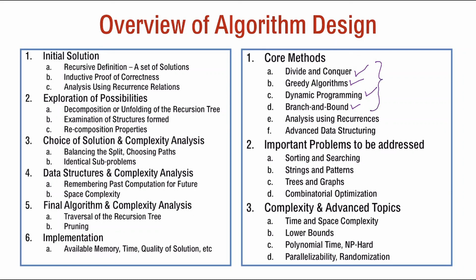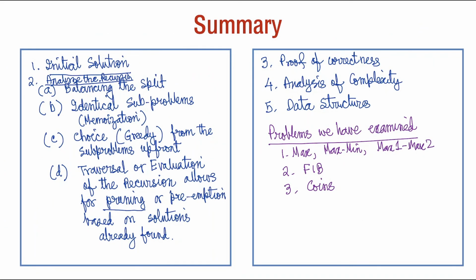These are the four core methods, which come from balancing the split, or any recursive definition is the divide and conquer. From the identical memorization, we get dynamic programming. From the greedy choice, we get greedy algorithms, and from the pruning conditions, we get the branch and bound algorithms. These are the fundamental ideas which yield some of these problems.